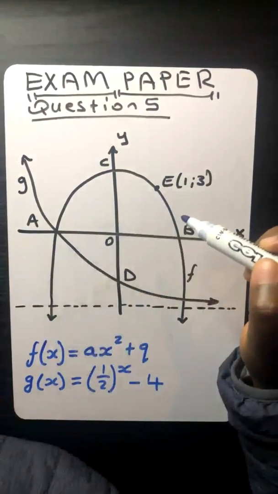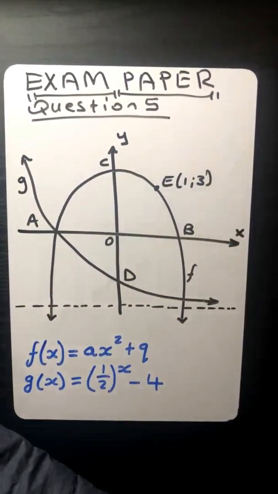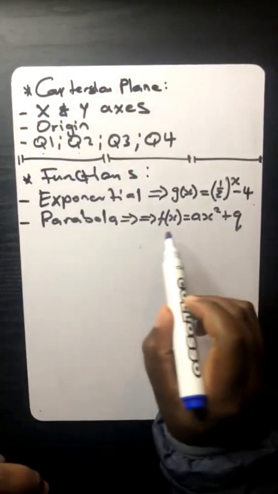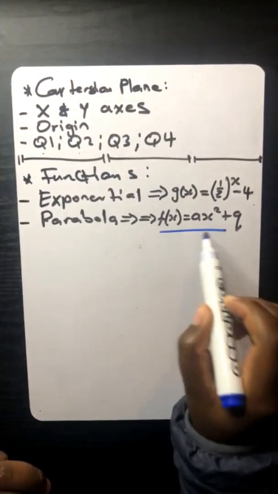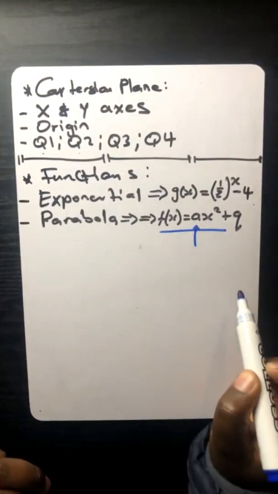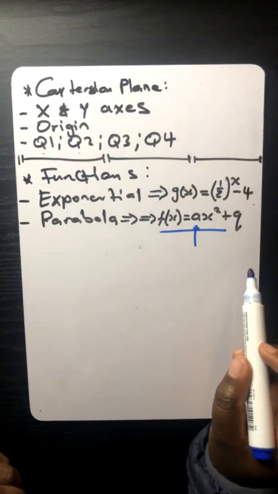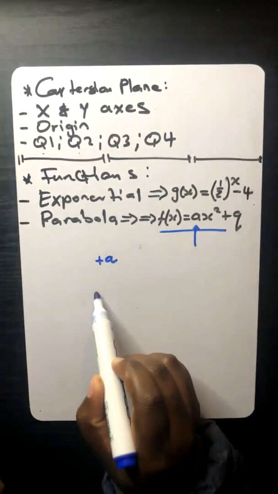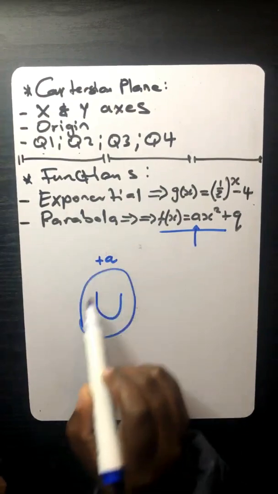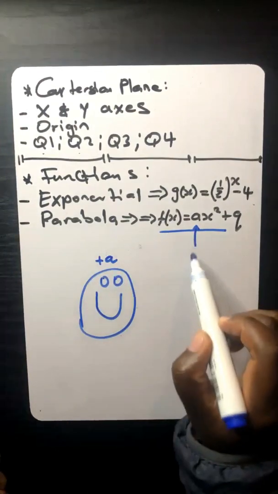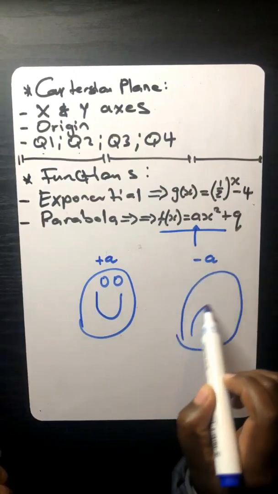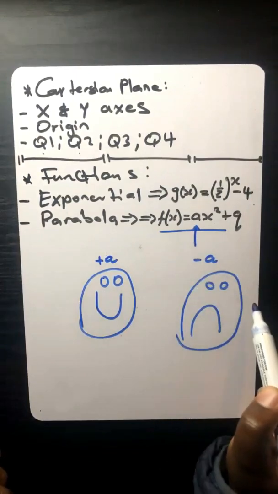So remember, we said for a parabola, that A value tells more about the shape of the graph. If we have a positive A value, we are going to have a smiling shape. If we have a negative A value, then the shape of the parabola is going to be a sad shape.